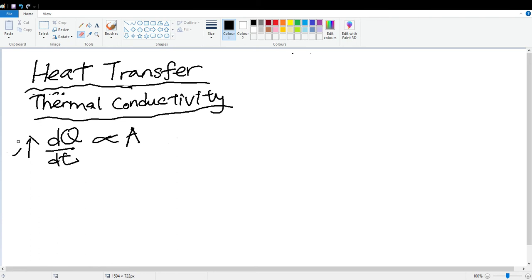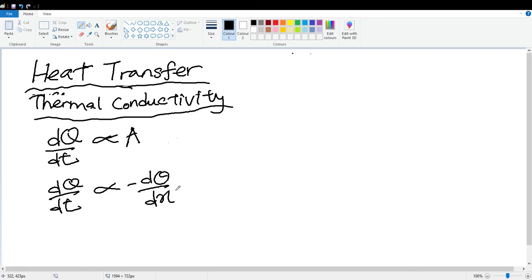For the second piece of information, the rate of heat flow is also directly proportional to the temperature gradient. If the temperature gradient is high, it means that the rate of heat flow is also high.